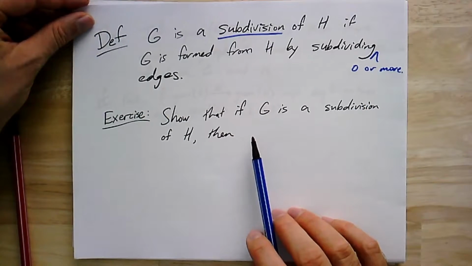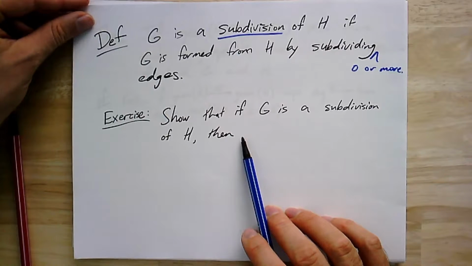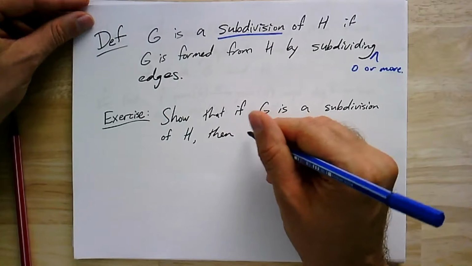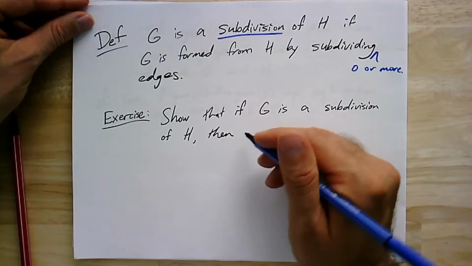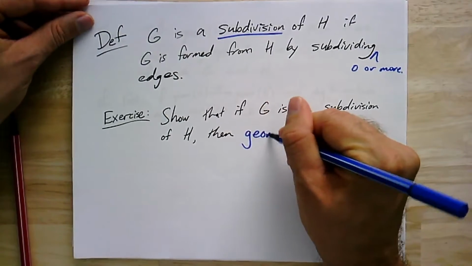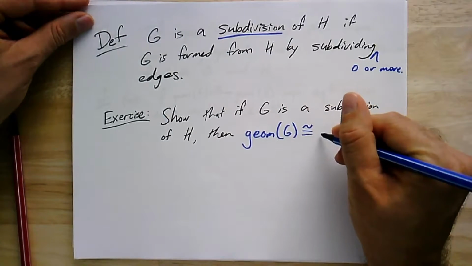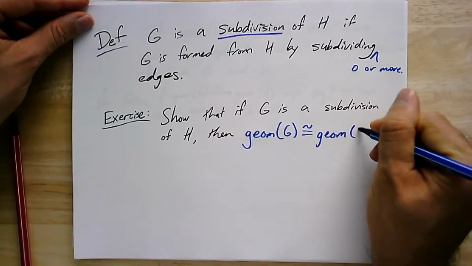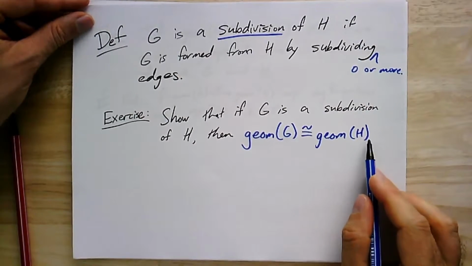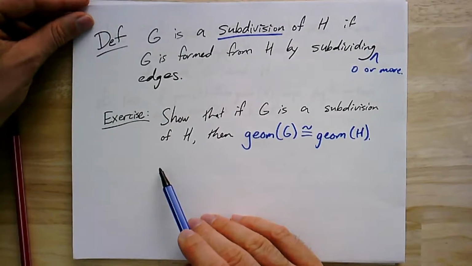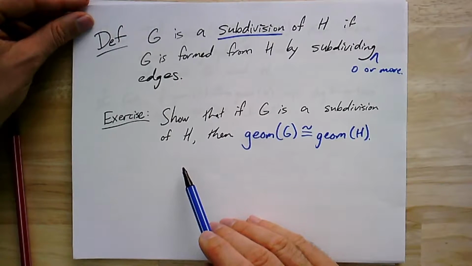And here's a nice exercise that you might want to stop and think about a little bit, or write down and work on after we do this, is that if G is a subdivision of H, then the geometric realization of G is homeomorphic to the geometric realization of H. This is like the extension of the case we did where we took a path of length 1 and replaced it with a path of length 2.